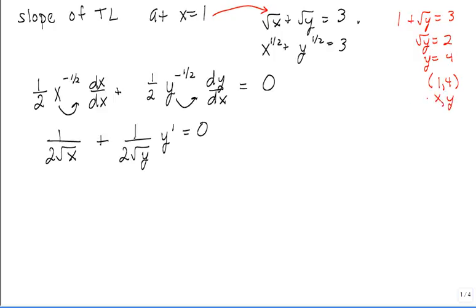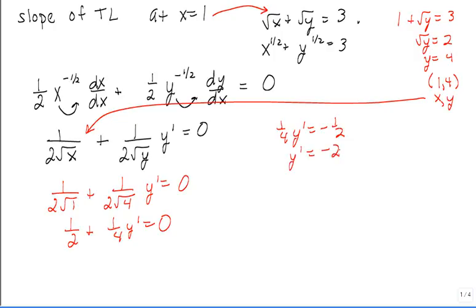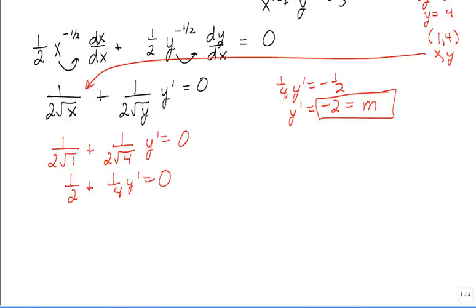So I can substitute it back in here to get y prime, because that's the slope of the tangent line. So this is going to be 1/2 plus 1/4 y prime equals 0. 1/4 y prime equals minus 1/2, y prime equals minus 2. So that's the slope of your tangent line, minus 2. Okay.